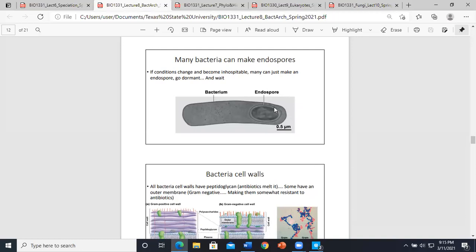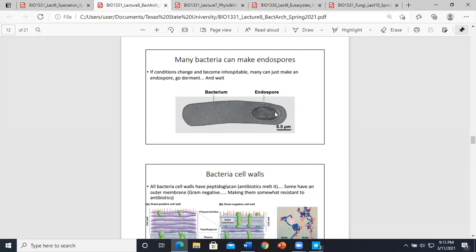The endospore is really important because when the environment becomes inhospitable and the bacteria can't survive and thrive in that environment, it'll wrap its DNA, its chromosomes, everything inside of the endospore, and then it'll lay dormant, and the bacterium itself will just dry up and desiccate.